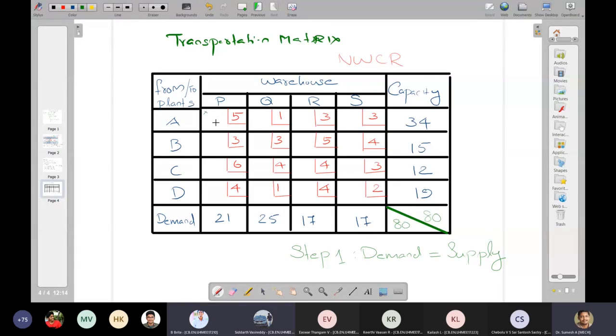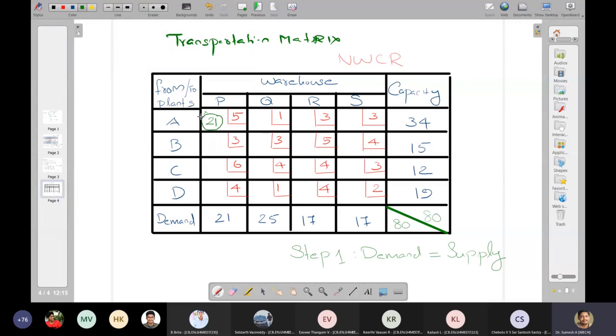I can allocate 21 in the northwest corner column, that is A and P. So the demand for that column is completely met, and that column gets eliminated.